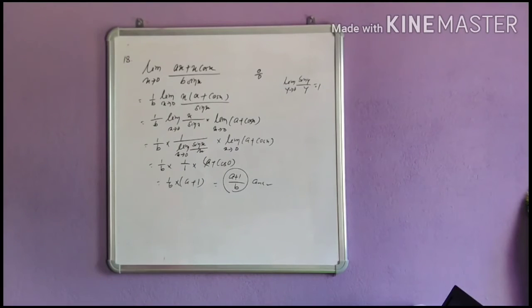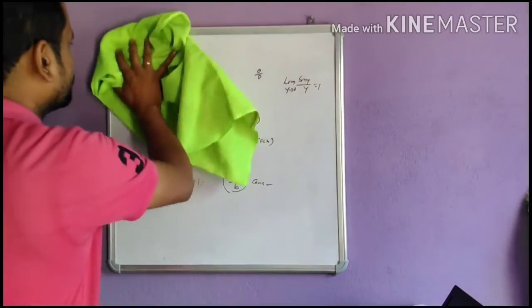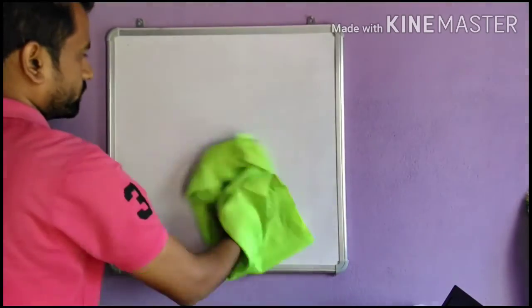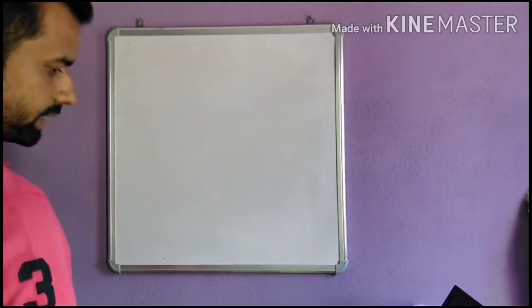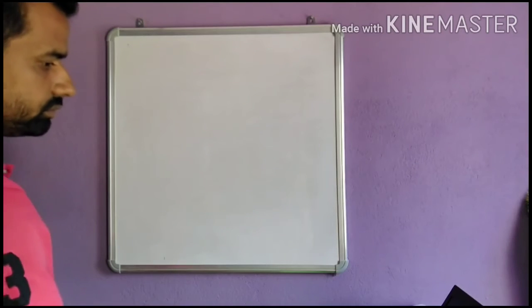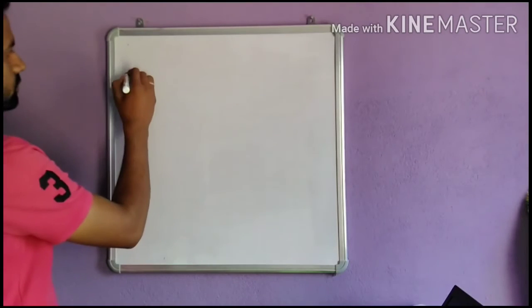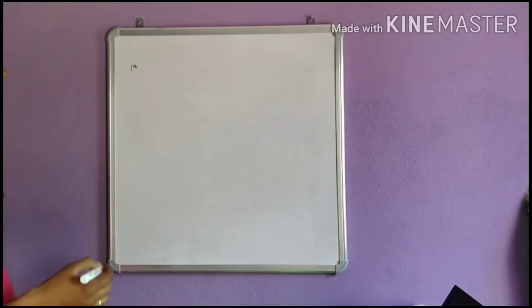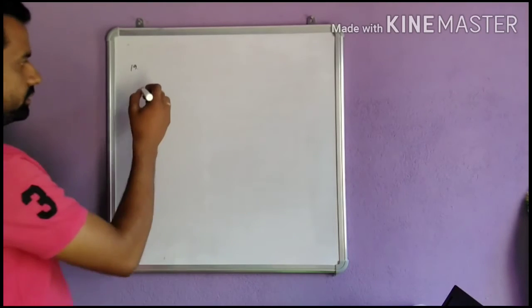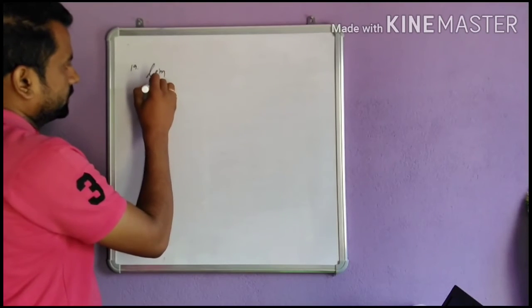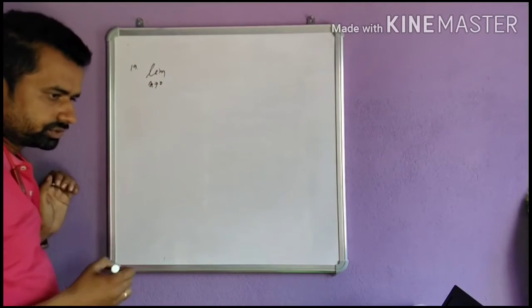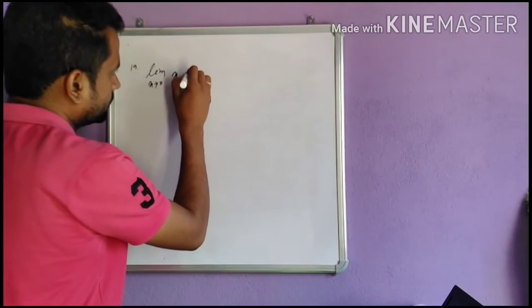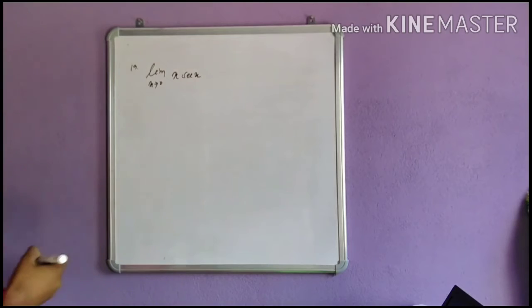Note it down. Question number 19. The question is limit x tends to 0 of x sec x.